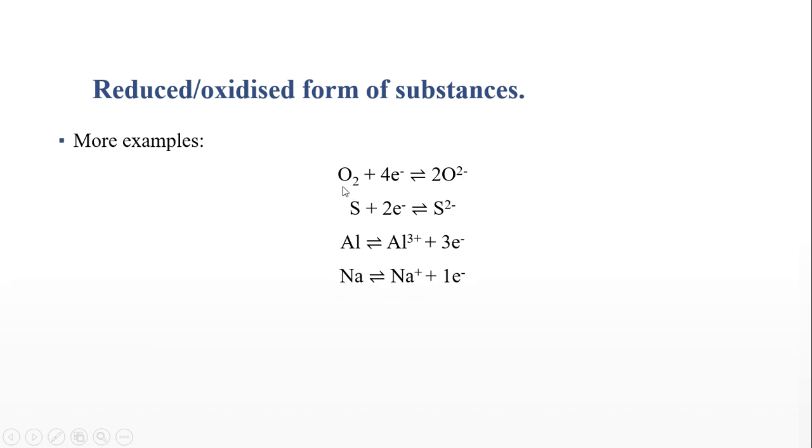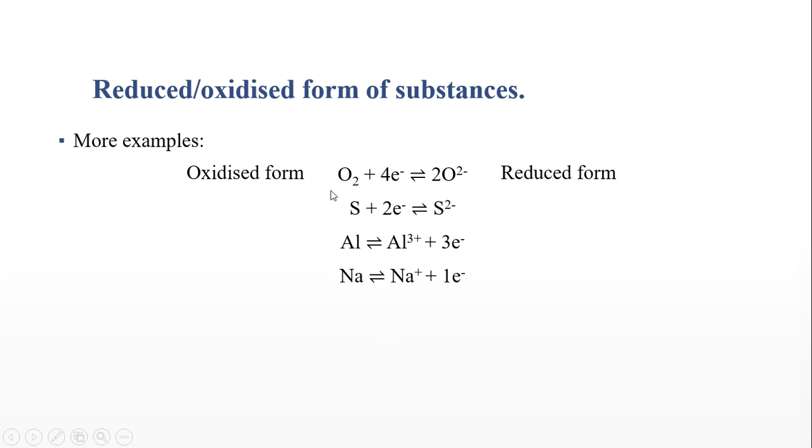And this process of taking up electrons and forming something with a negative charge, well, gaining electrons is a reduction. So what we have on the right-hand side here is the reduced form. That means if we think about this the other way, if these oxide ions react back to form oxygen and give away electrons, well, giving away electrons, that's an oxidation.